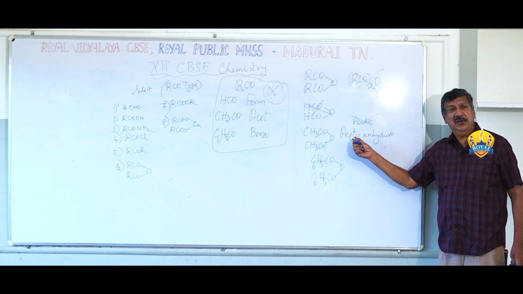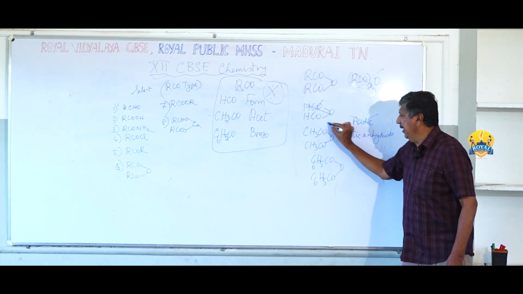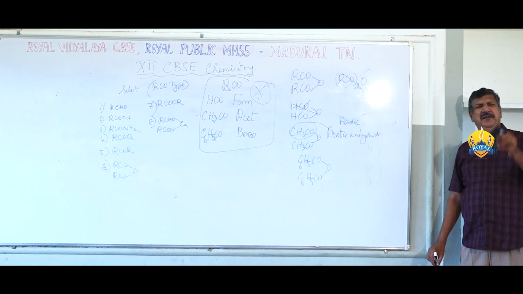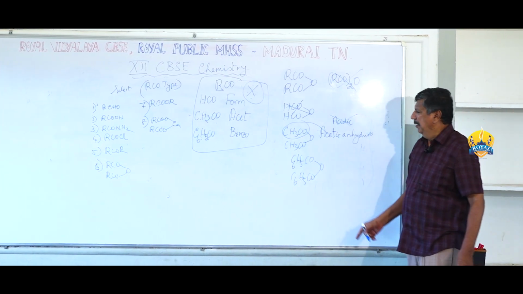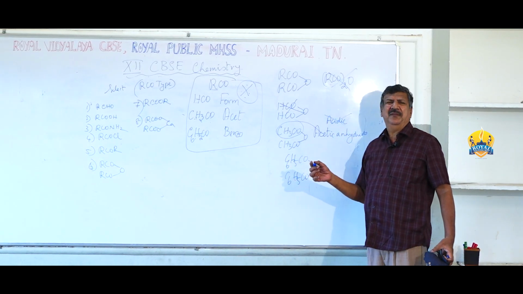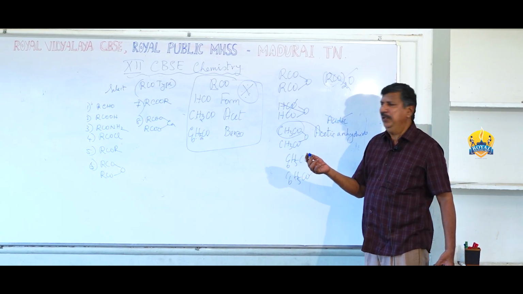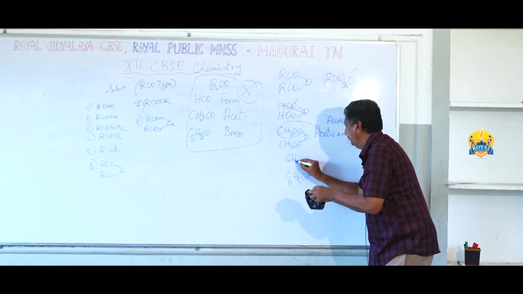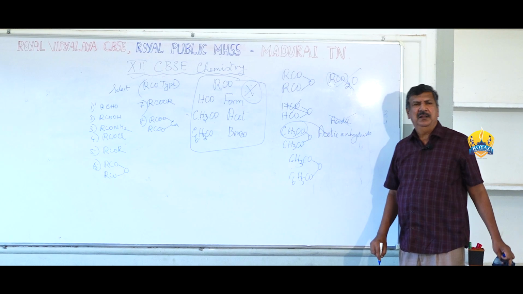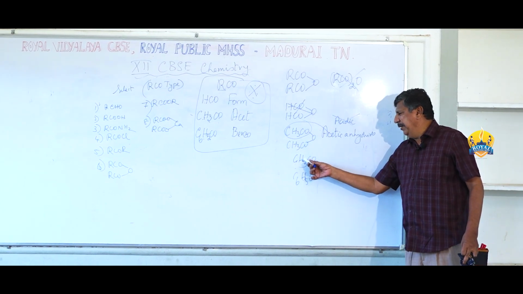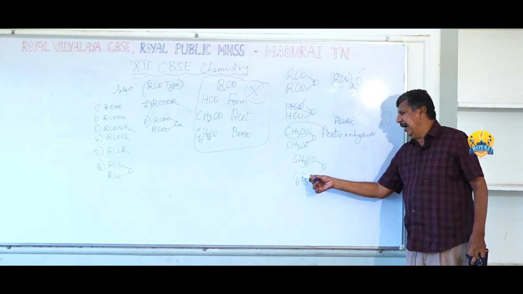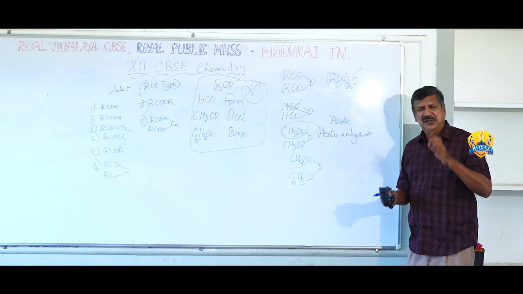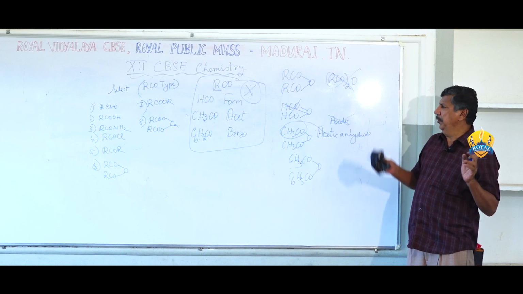This is acetic. Why is it called acetic? Because of the acetic group. But this is also not in your book, but it is given like this. Mixture of CH3 and C2H5. This is also an anhydride.